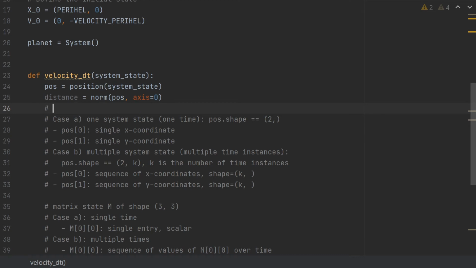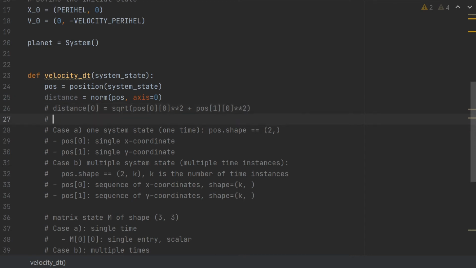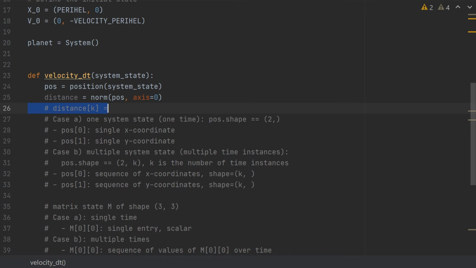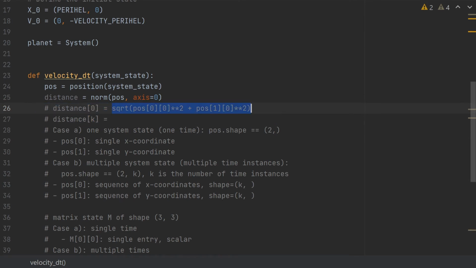So in the case of multiple positions, we have distance of 0 equal the square root of position of 0, 0 squared plus position 0, 1, 0 squared. And the distance of k is then exactly that, just with the index k.